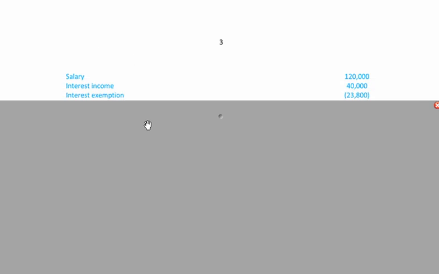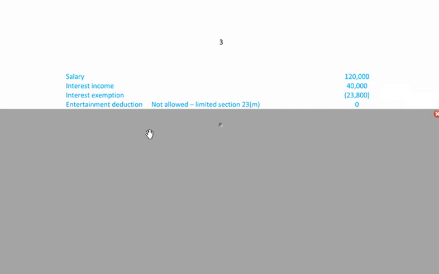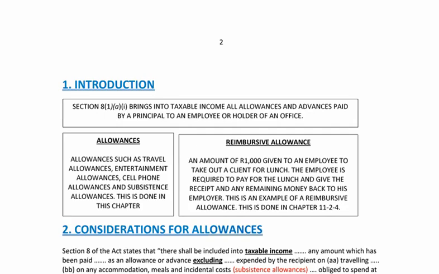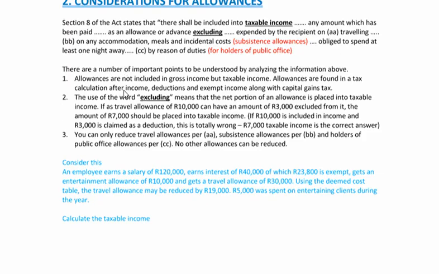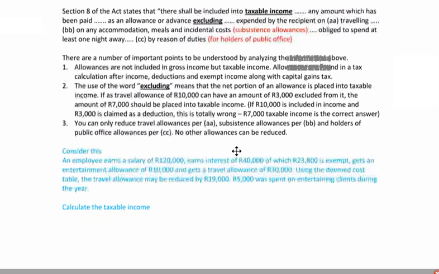So, salary goes in, interest income less your exemption, 23,200. Entertainment deduction, not going to be given one. Number 1, in terms of Section 8, you can't reduce an entertainment allowance. The only 3 allowances that can be reduced are traveling, subsistence, and for holders of public office.